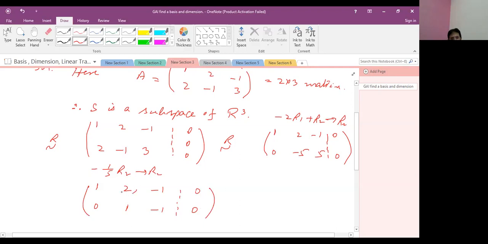So in the next step, to reach reduced echelon form, we multiply by minus 2 R2 plus R1. First we write the second row as it is, (0, 1), then the first row becomes (1, 0, 1, 0).